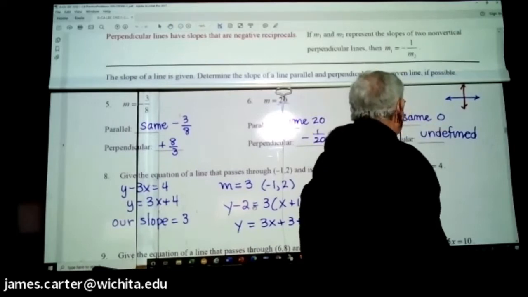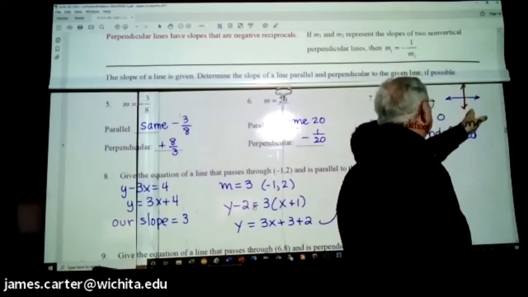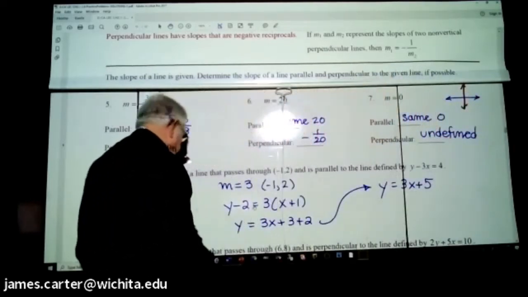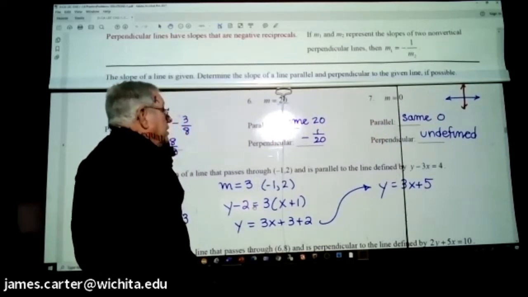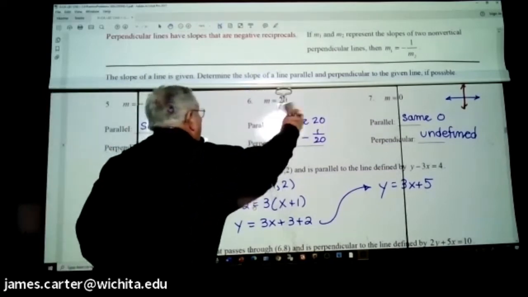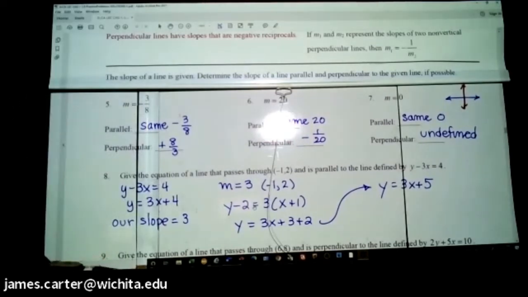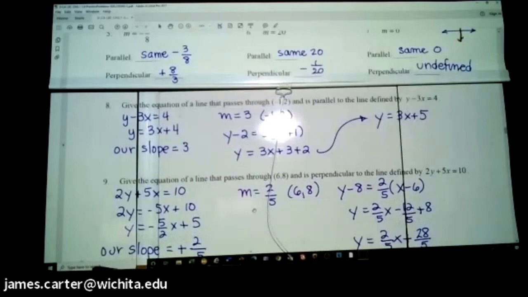Same is going to be 0. Perpendicular in this case would be a vertical line, which is undefined slope. Because if you put 1 over 0, it would be an imaginary value, an undefined value.